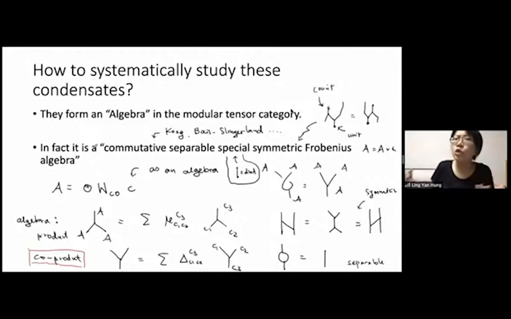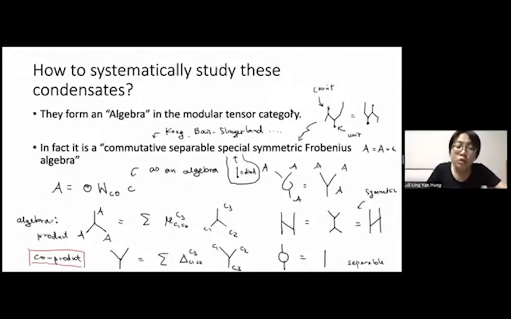What is the structure that you call an algebra? The first thing you need to do is find a collection of objects in the theory, or in the tensor category, that is the condensate. So for the algebra, I first have to decide upon a set of anyons. These are the anyons that can condense.